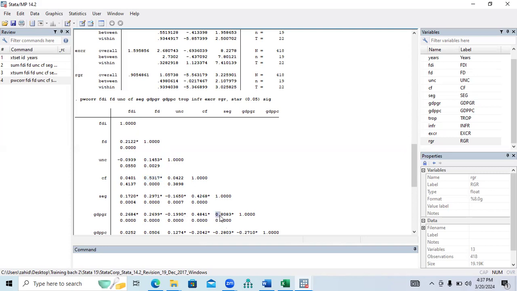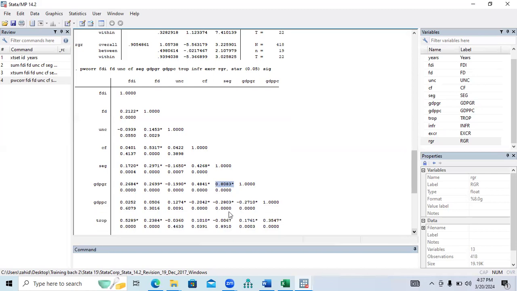There is only one value which may cause a disturbance here. This value is the correlation between GDP growth rate and sustainable economic growth. It shows a multicollinearity issue because this value is greater than 0.80 and it is highly significant.